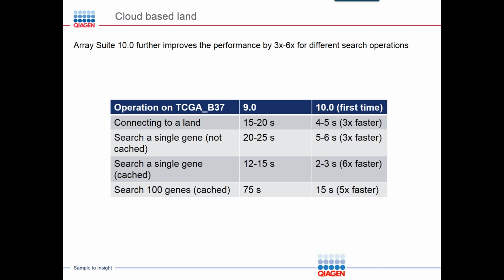Previously, if we tried 100 genes for TCGA_B37, it would take more than a minute, 75 seconds, sometimes even 2 minutes, 3 minutes. Now, 15 seconds, which is 5 times faster. You get those 100 genes searched. So to me, this is really important for advanced users who have to search genes almost on a daily basis, across different genes and different LANs, and need to do a lot of searching.